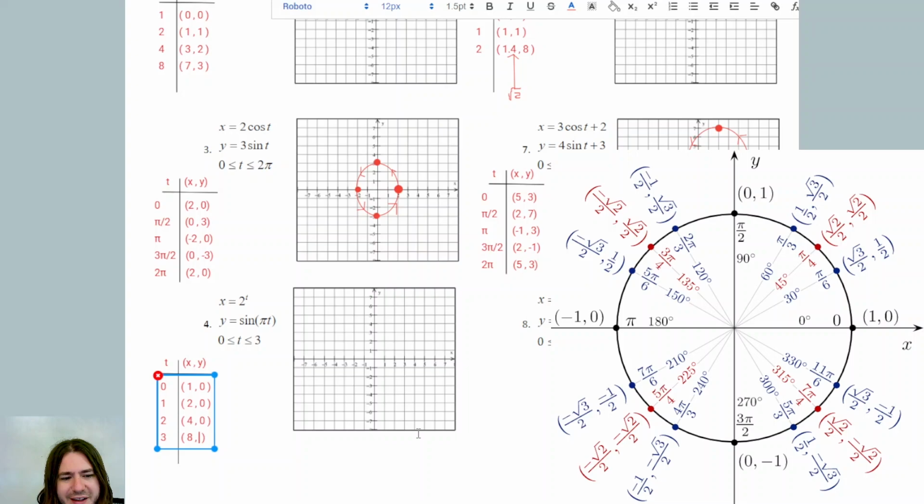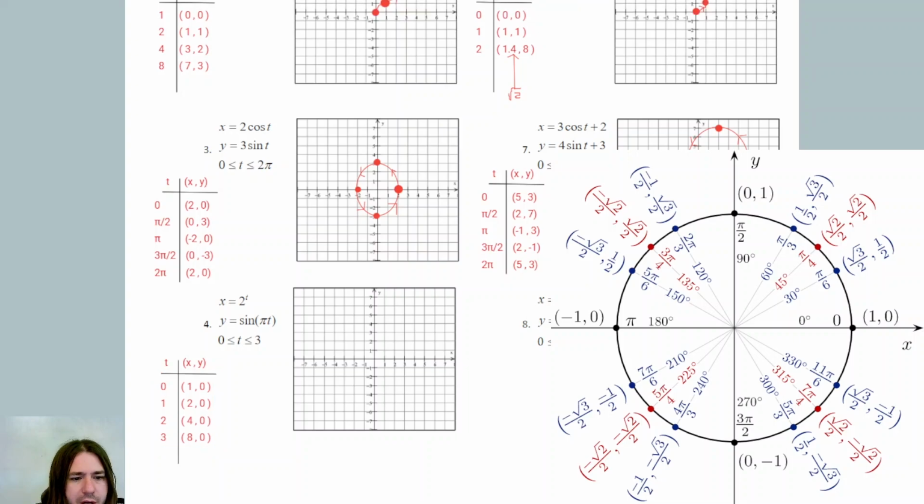So our coordinates here are going to be 1, 0. 2, 0. 4, 0. And finally 8, 0. So we actually get this horizontal line, or a horizontal line segment.